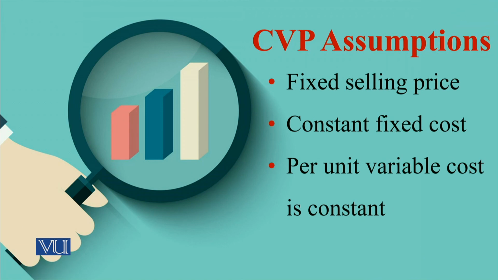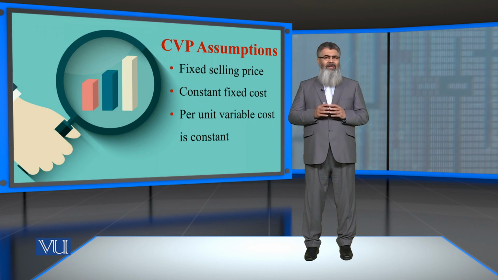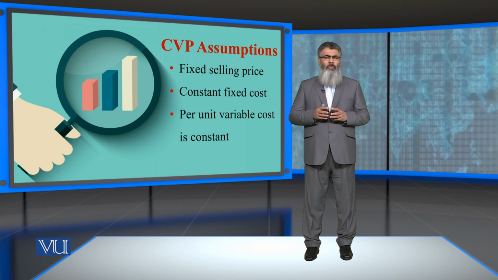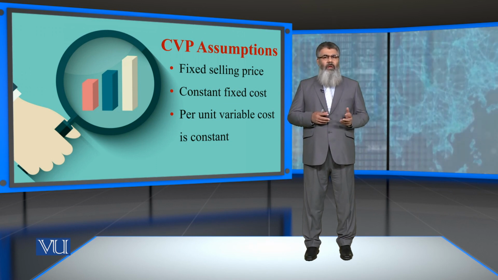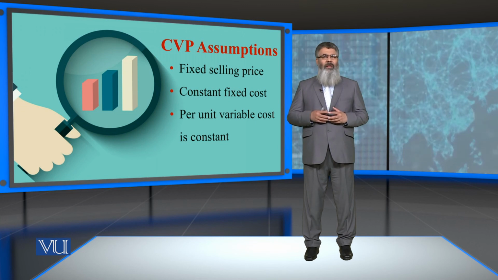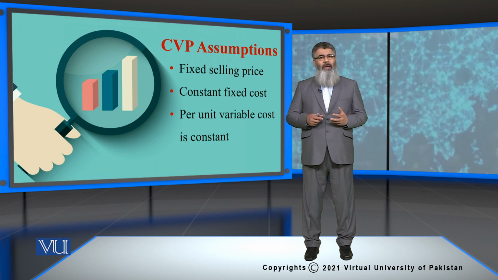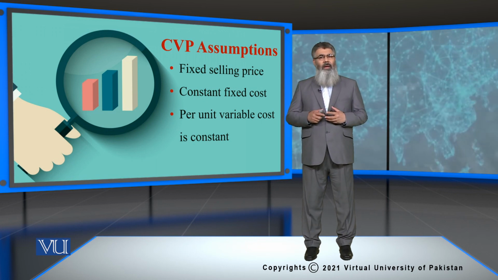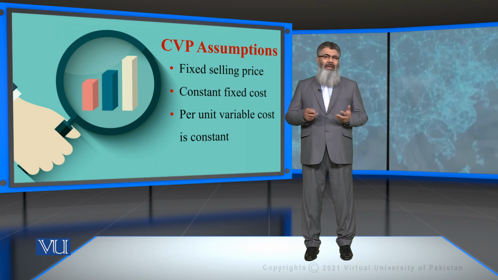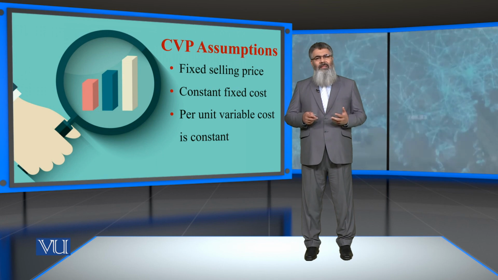What we have to see in this analysis is that with the change in volume, that means the number of units produced and sold, what is the impact on the revenue, and as a result, what is the impact on the cost, and ultimately, what is the impact of this change on the profit. We will elaborate on this further in the next module and see how CVP analysis is done.